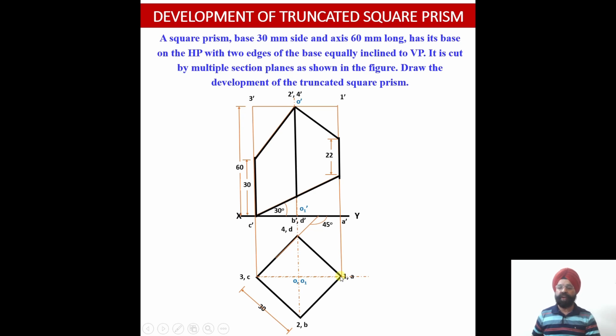If you want to cut the solid from here, you can cut it from 1A. If you want to cut this solid from 2B or 3C or 4D, the only thing is that the shape of the pattern which will be obtained will change a little bit. But at the end of the day, once you fold that particular pattern which is obtained after unfolding of the truncated solid, you will be getting the same object over here, right?